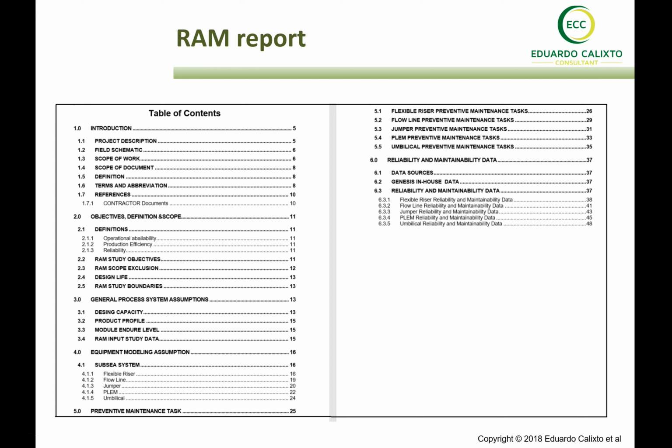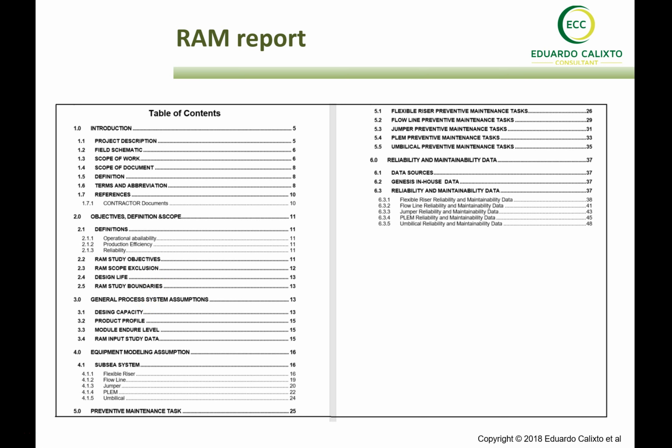For example, the design documents should be very clear about how long the plant needs to operate and under which conditions, and so on. RAM study boundaries are of course part of the description of your scope. Since you define your scope, you have defined your boundaries. But it's also very important here to define at which level you will model your system.